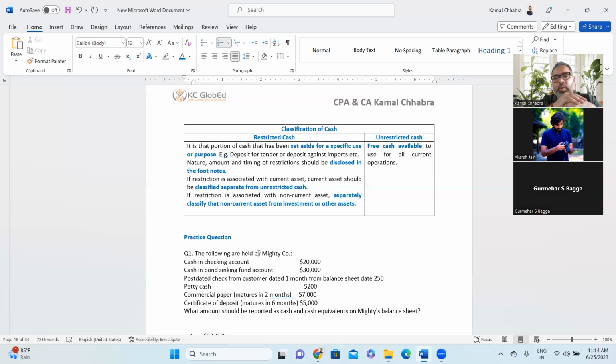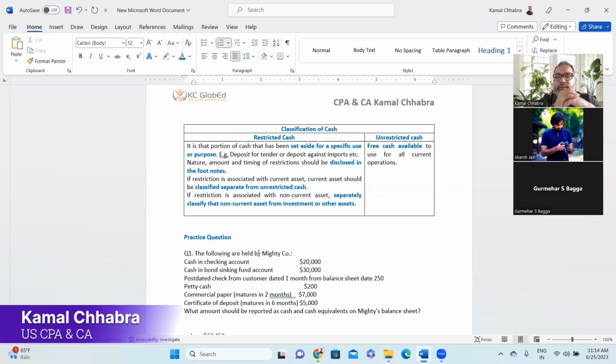And the court has decided that you should deposit $100,000 in court custody until the matter is resolved, right? So even though it's your fixed deposit which you have deposited under the custody of the court, you cannot withdraw it. Same way, it is legally restricted. So that is also called restricted cash.